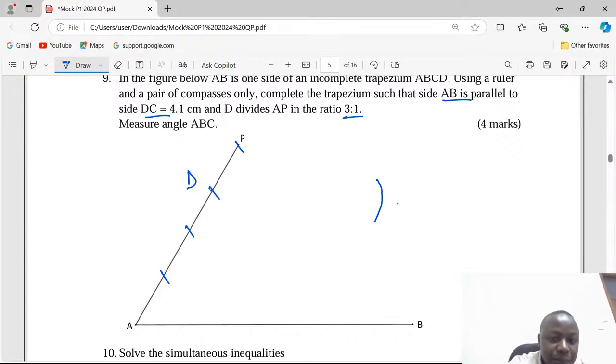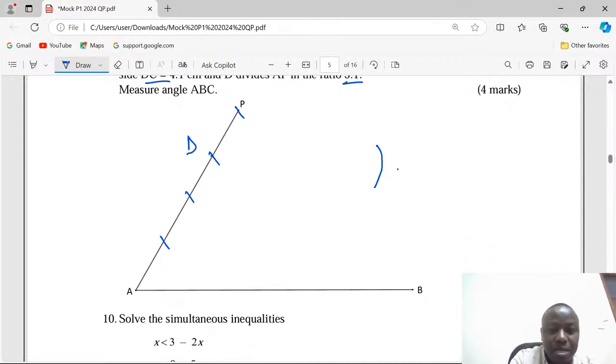So standing at D, we draw a line parallel to AB.